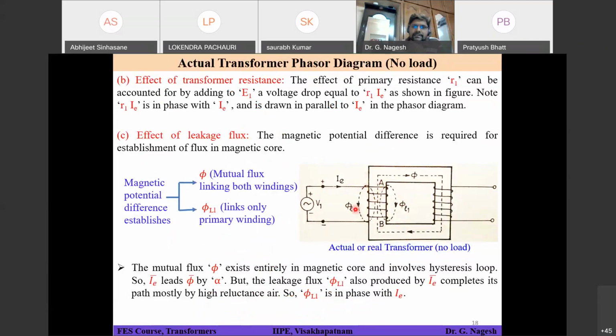Flux phi L1 is completing its circuit through the air. Mostly it is through the air. Some part is flowing in the core, but most is through the air. Air is not a magnetic material.